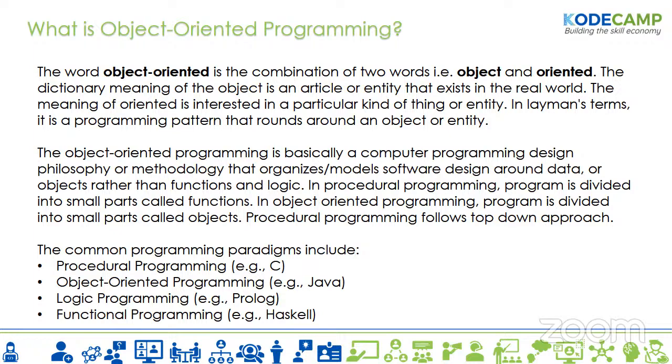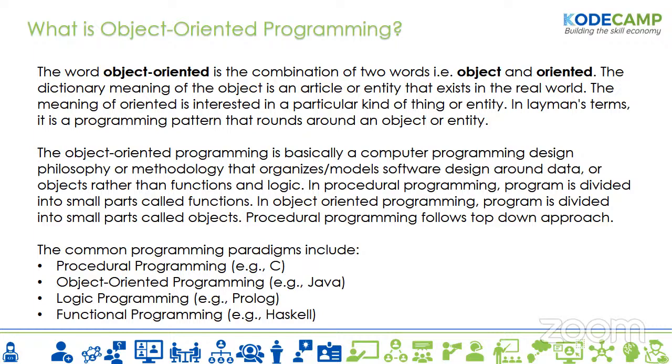Now, the word object-oriented is a combination of two words, that is object and oriented. The dictionary will describe an object as an article or entity that exists in the real world. So you're looking at entities like a cup, like a human, like a biro, a pen, water. All these are entities, and they can be classified as objects.